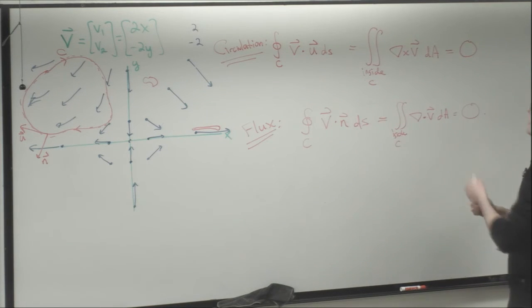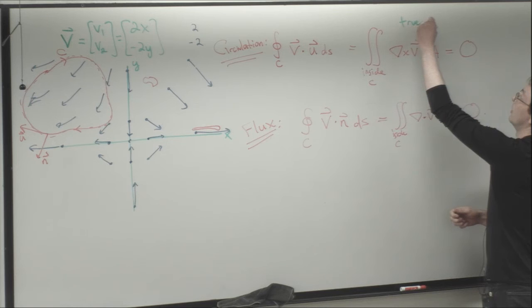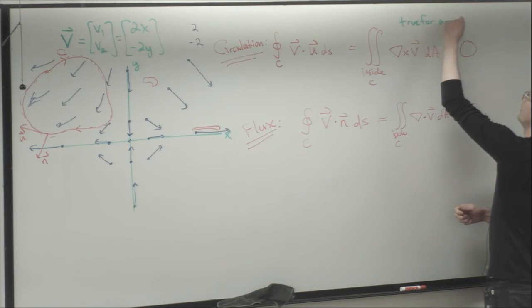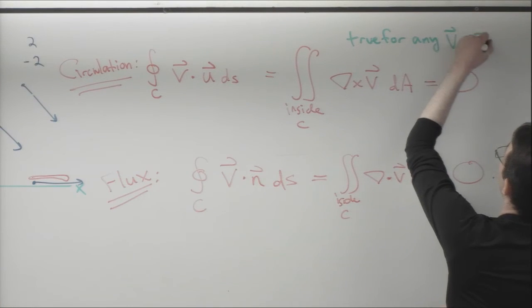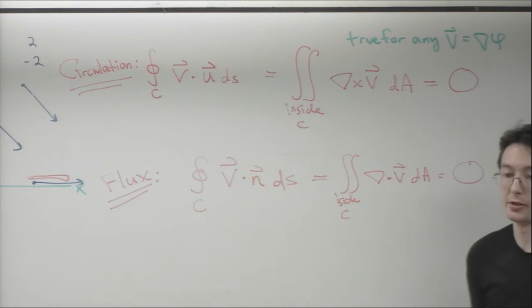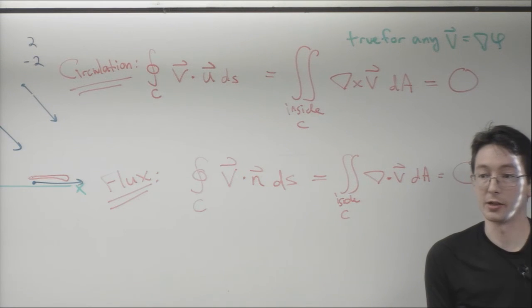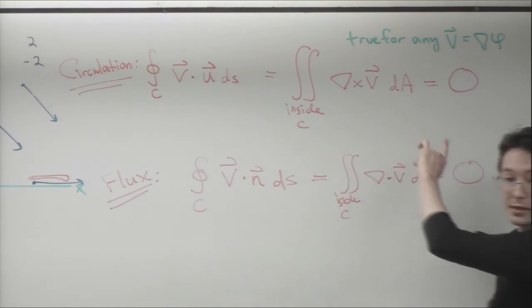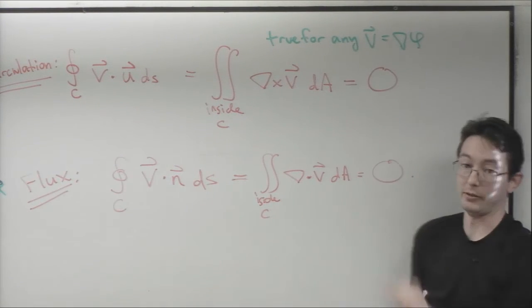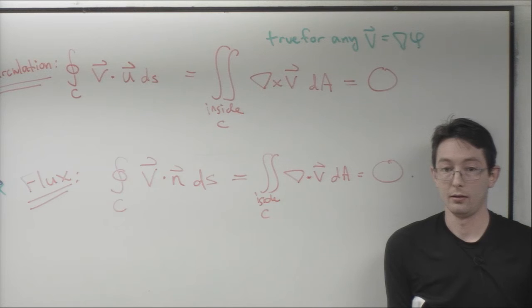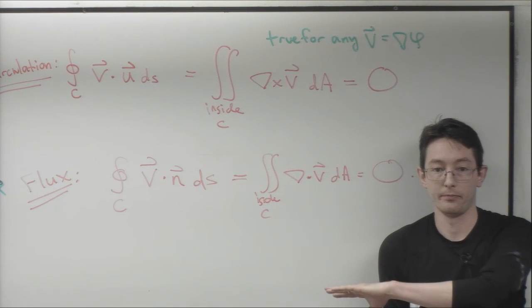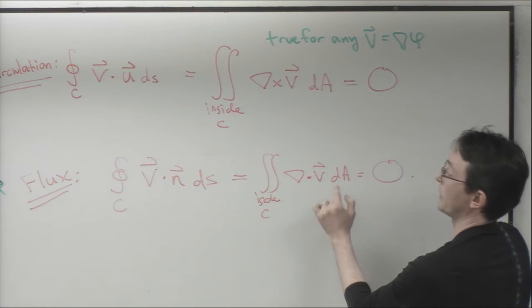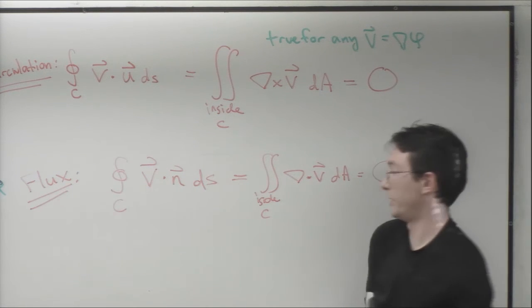So this one is true for any V that's given by the gradient of any scalar potential phi. Doesn't have to be a special function phi. This first circulation equals to 0 is true for any gradient field, period. Right? That's a vector calculus identity. Curl of grad of anything is 0. This second one is a more special condition.